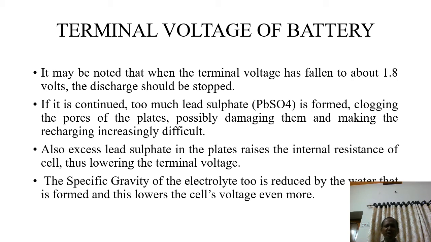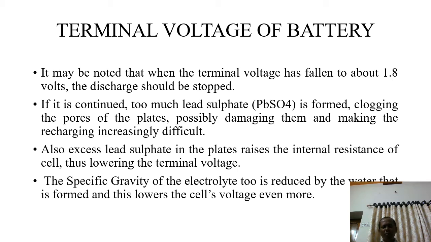We already discussed this when we learned the lead acid cell discharging mode. If discharging is continued, too much lead sulfate is formed, clogging the pores of the plates, possibly damaging them and making the recharging increasingly difficult.